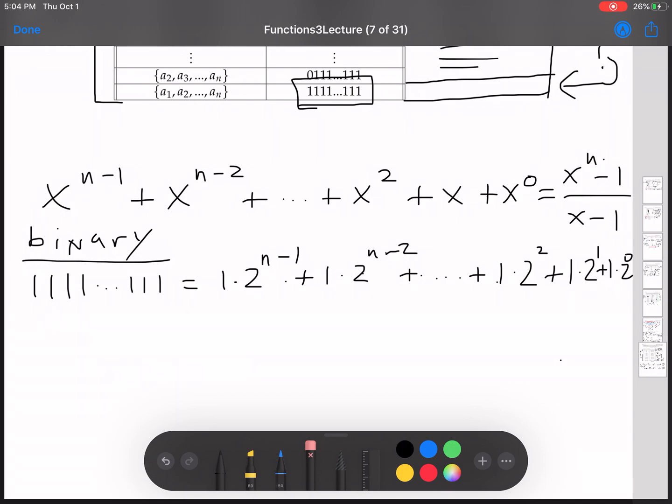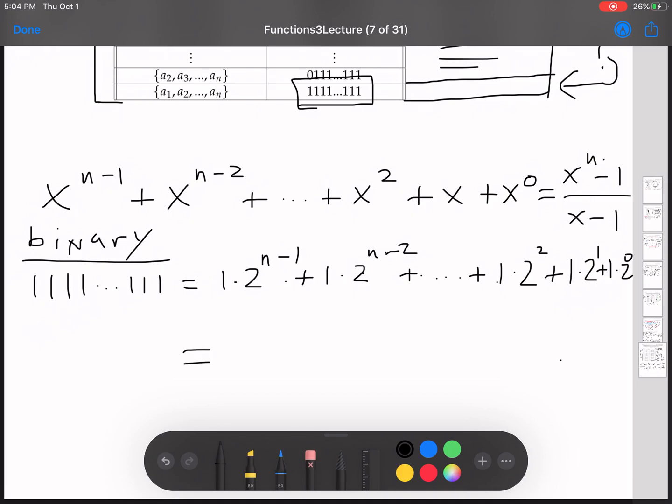So same idea here, right? That's why there's n here. That's why we go to n minus 1 there. Okay, so now let's think, what is this number?